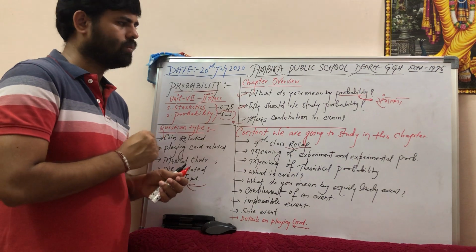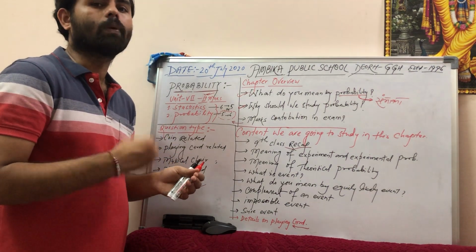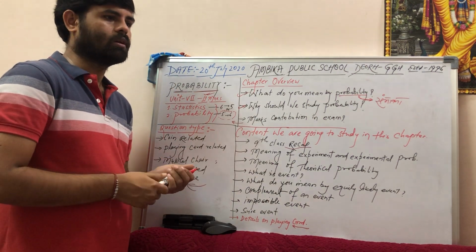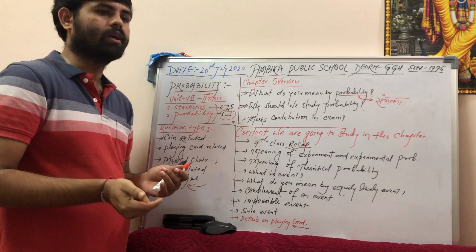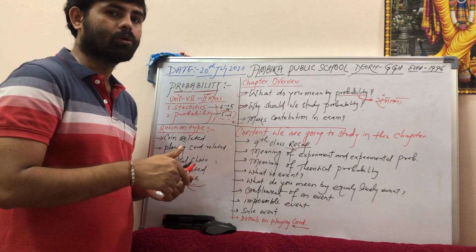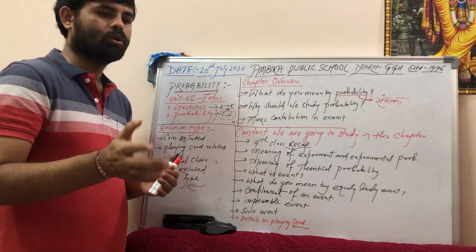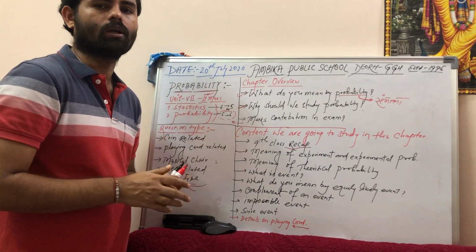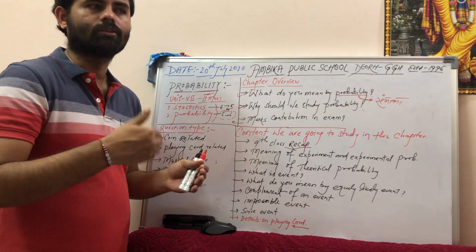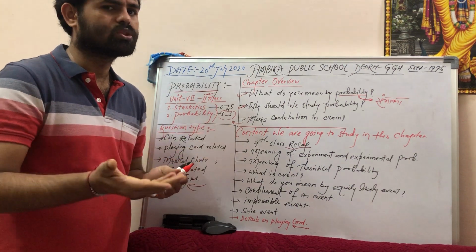So let us say there is something you want to buy, some mobile. If I say the probability that you will get the mobile, if you have ordered it online, let us say from Amazon.com, but you are staying in a very remote area, not in a city but in a village, so Amazon might not reach that location.